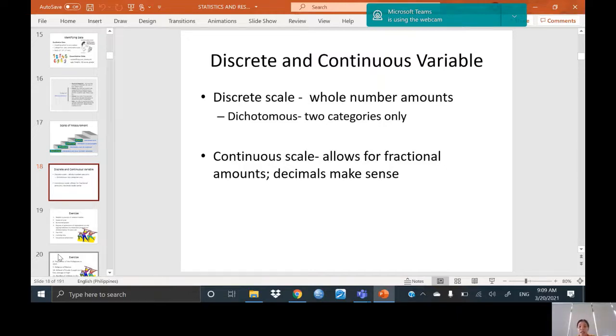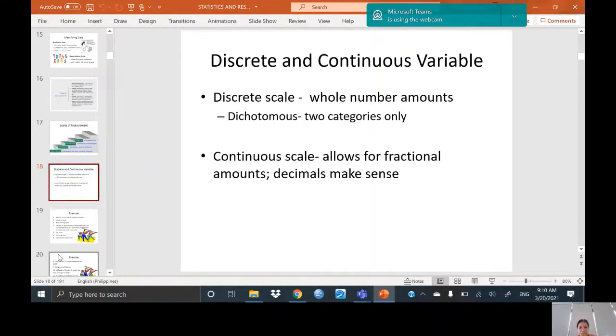Then we also have continuous scale. It allows for fractional amounts. So there are decimal numbers. Say, for example, your salary, you may be earning 1,250 and some cents. The cents there is in decimal value, so it is continuous.